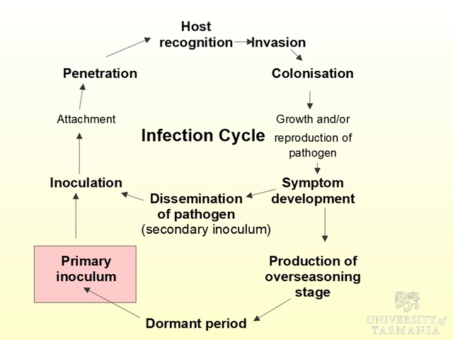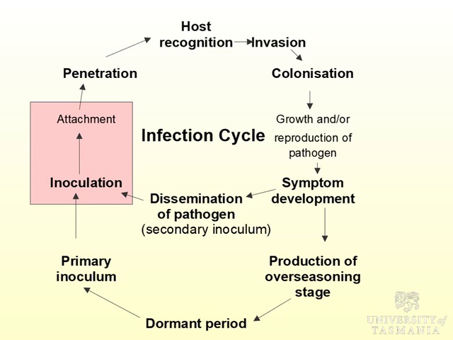Whatever. So the infective agent gets produced. It comes into contact with the plant itself, which we call inoculation. The inoculum is the pathogen spore, the pathogen entity. Inoculation is the transfer of that to the plant itself. So it attaches to the plant. That's not infection yet, that's inoculation.